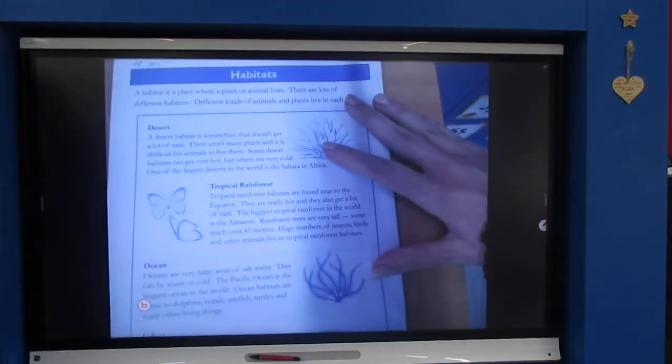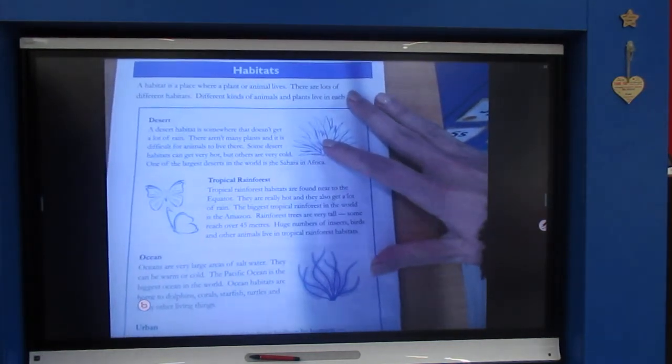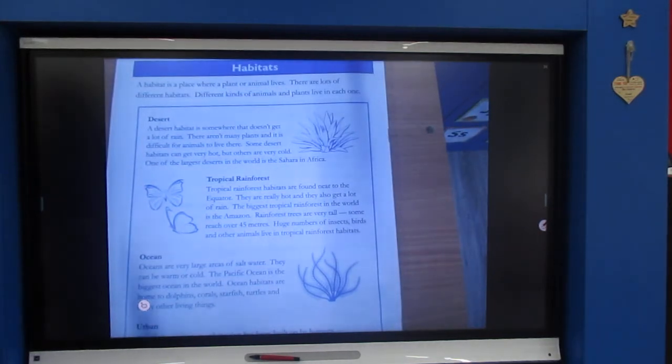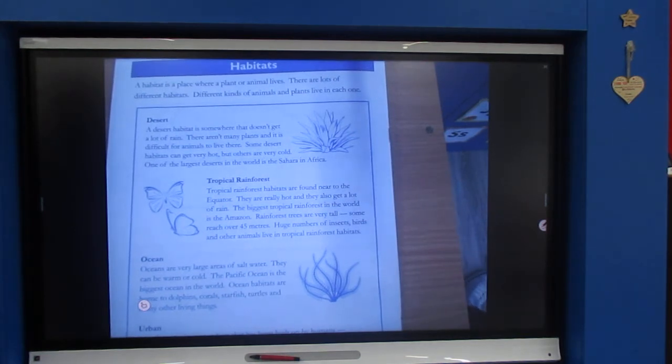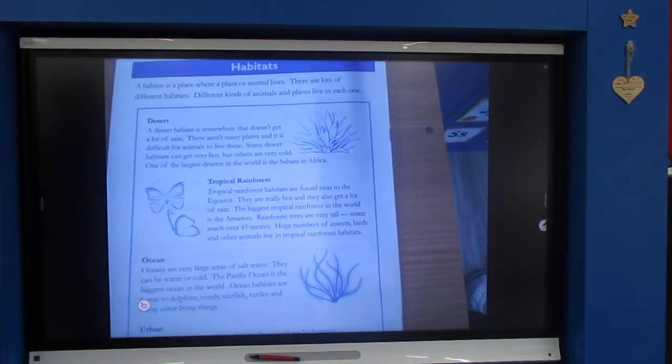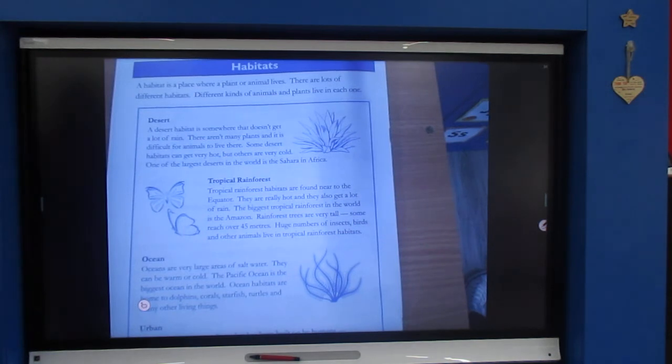So you get your text and I would like you to follow with me, and I'm going to get my coloured pencil and I'm going to highlight any keywords or any facts that I might want to work a little bit harder on, okay?